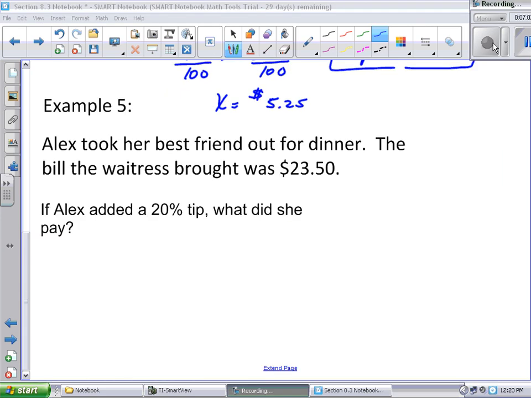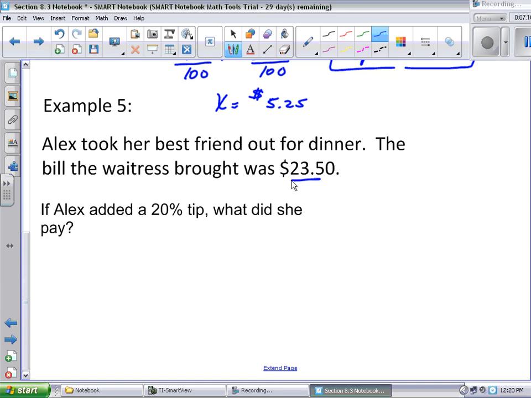Example 5, this is the last example on this section. Alex took her best friend out for dinner, and the bill the waitress brought was $23.50. If Alex added a 20% tip, what did she pay?